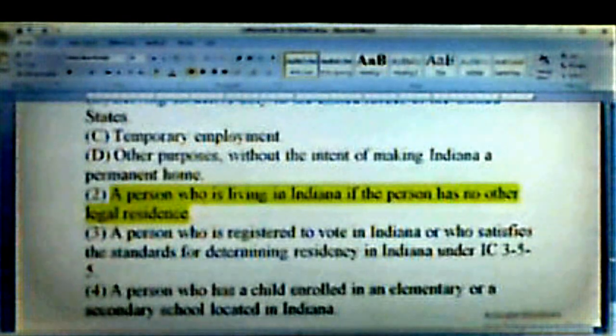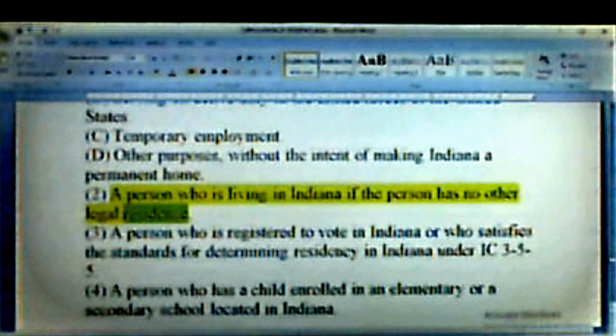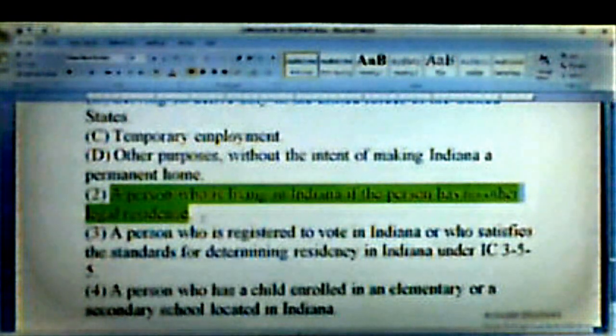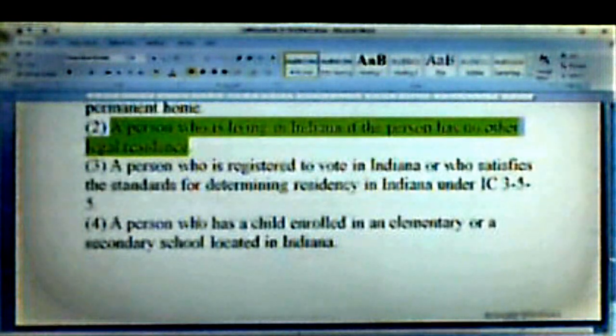A person who is living in Indiana if the person has no other legal residence. Well, look at that. So just living somewhere and you don't have a legal residence someplace else, you're not a resident. Now we know that you're a non-resident.